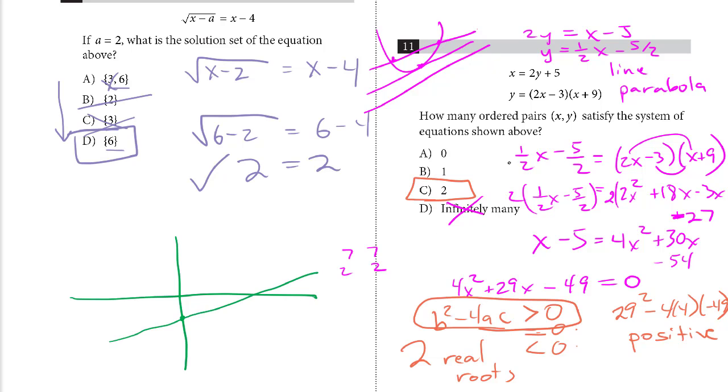That's our linear equation. The parabola has roots of 3 halves and minus 9. So the roots might look something like minus 9 here and 3 halves here. And it's going to be upwards with a coefficient of 2, so it's going to be fairly steep.